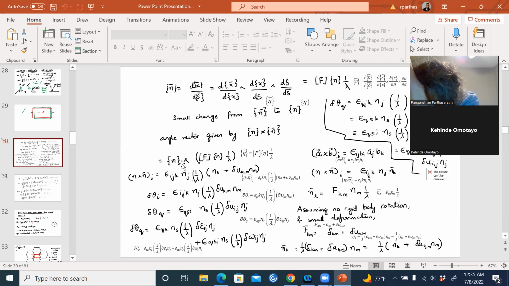So this is n bar. So n bar k is equal to J, M, K. M K is equal to F, Km and then times 1 over lambda.